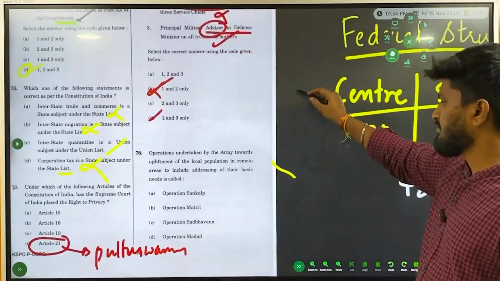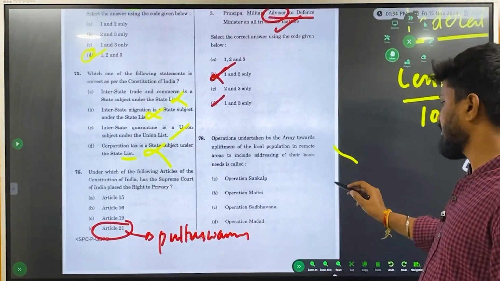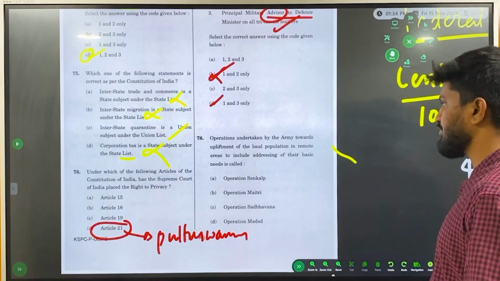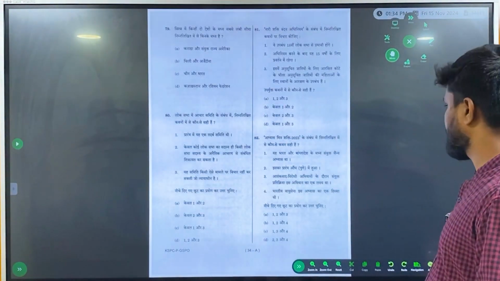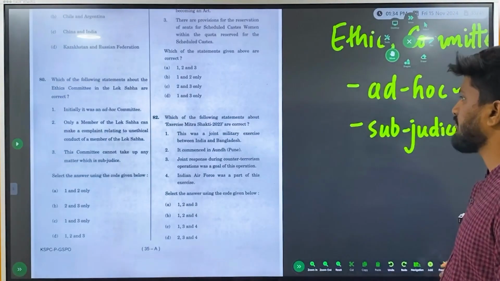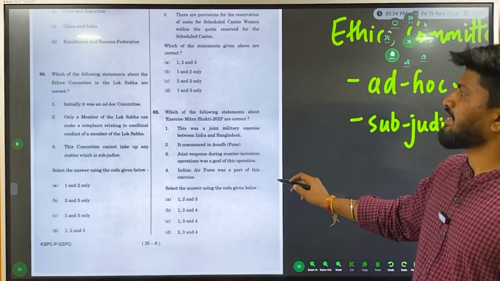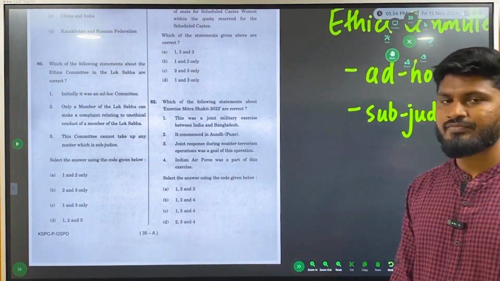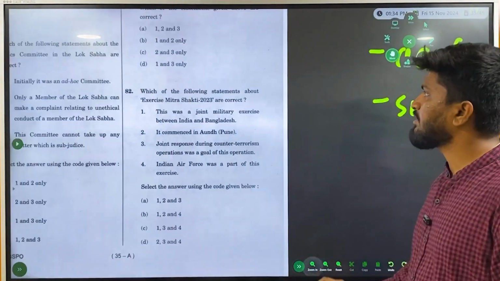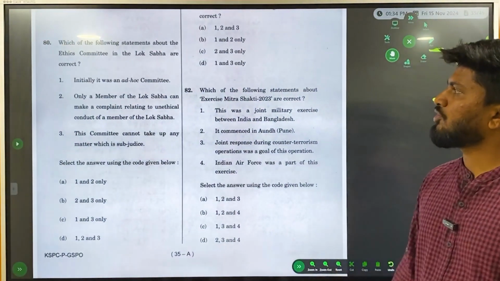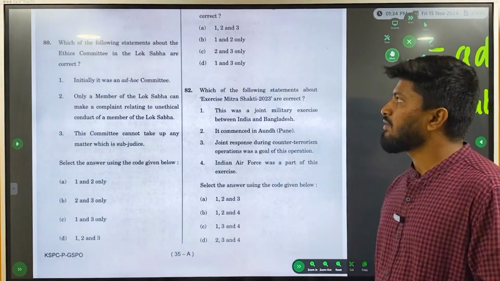After this, next polity questions, important questions. Ethics committee, question number 80. Which of the following statements about the ethics committee in Lok Sabha are correct?